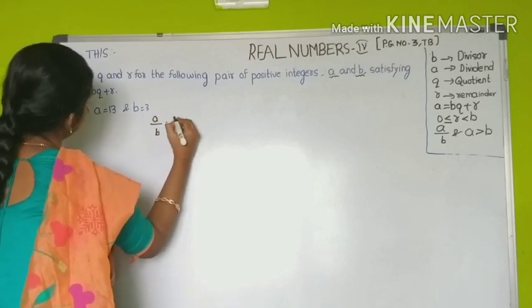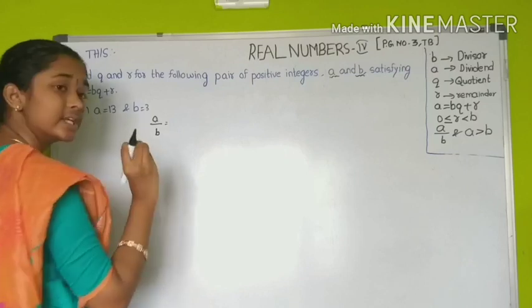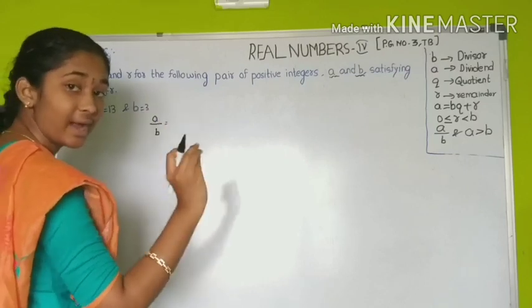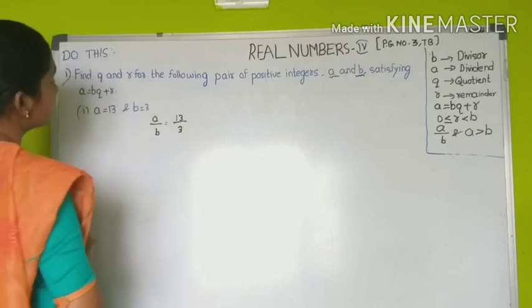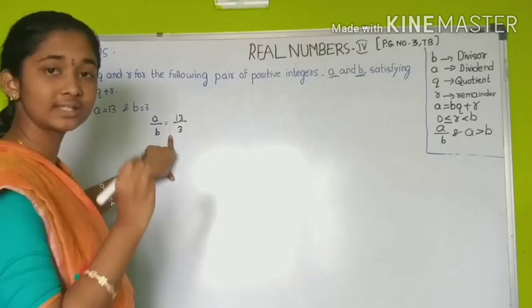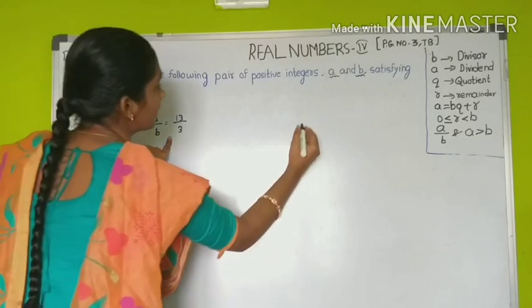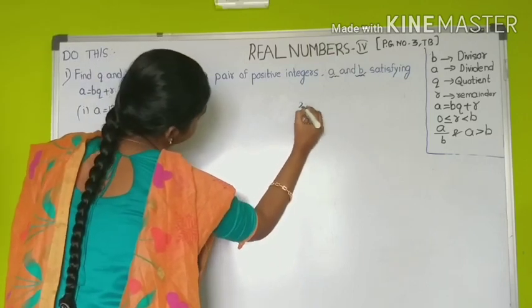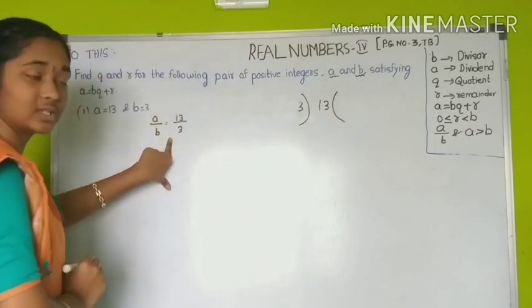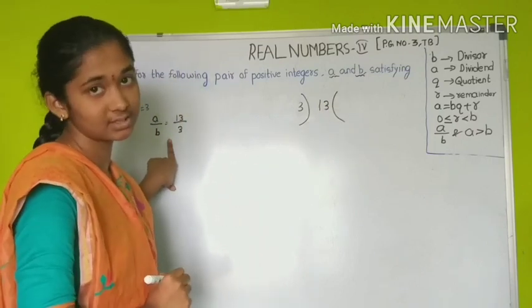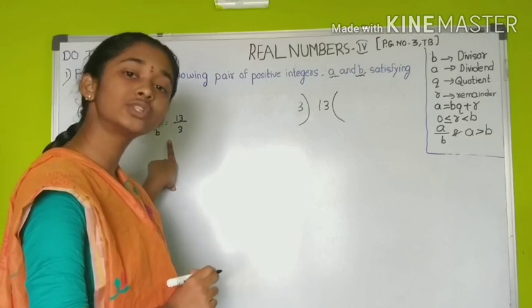That means we should divide 13 by 3. So we write 13 by 3, and we need to divide these numbers. When we divide 13 by 3, right here 3 and here 13. We already know that 3 ones are 3, 3 twos are 6, 3 threes are 9, 3 fours are 12.